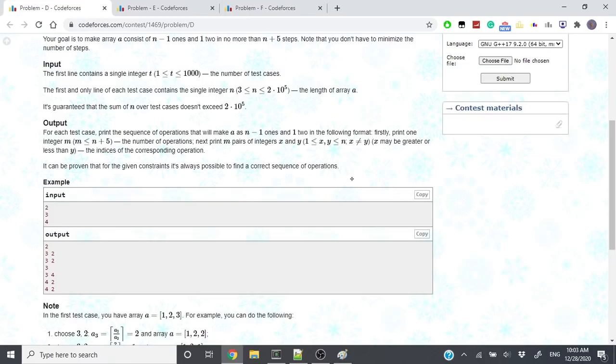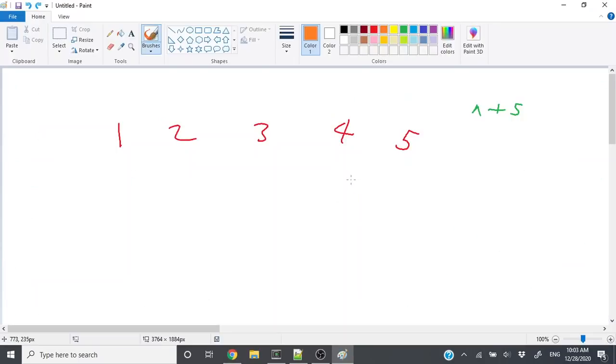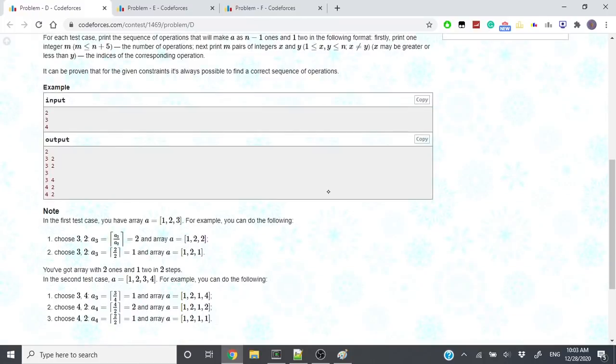How do we kill the biggest element? N plus 5 is so small.